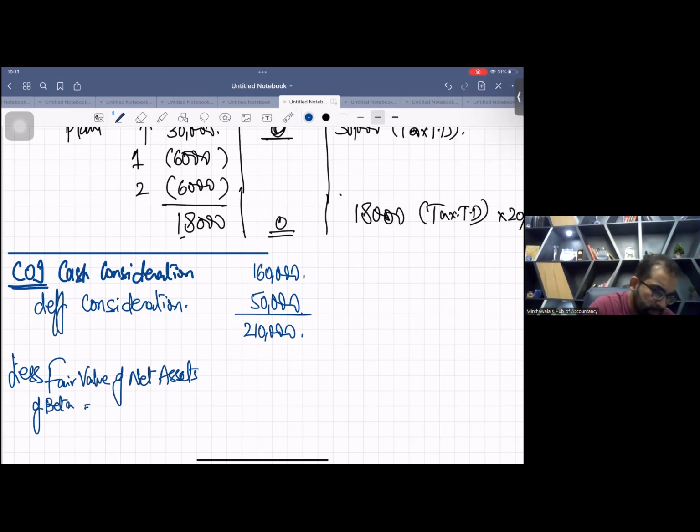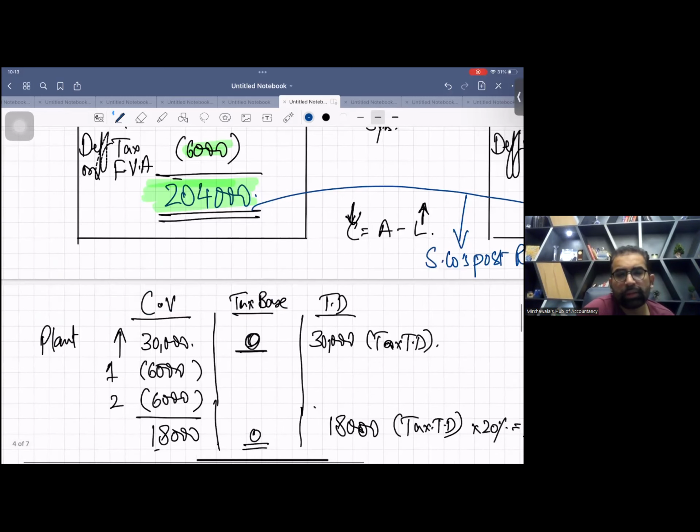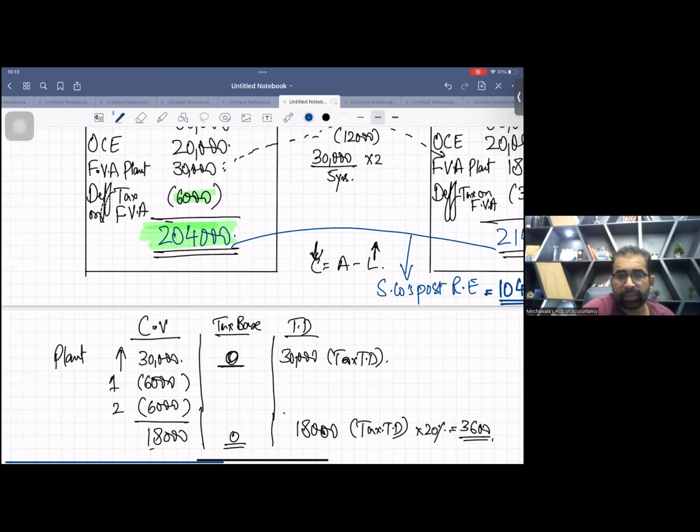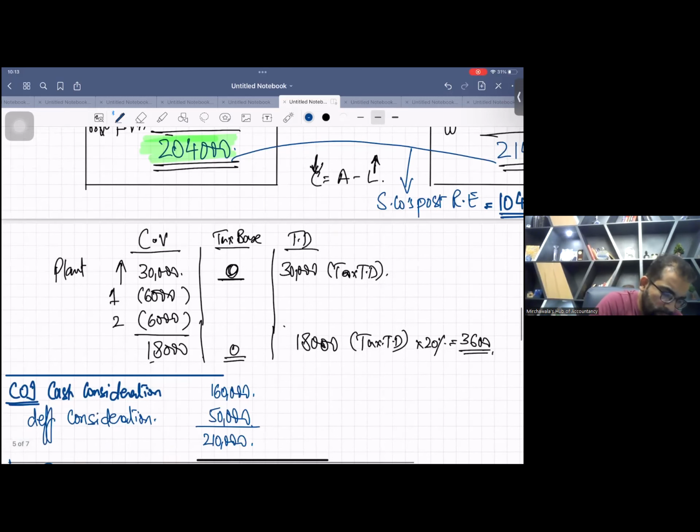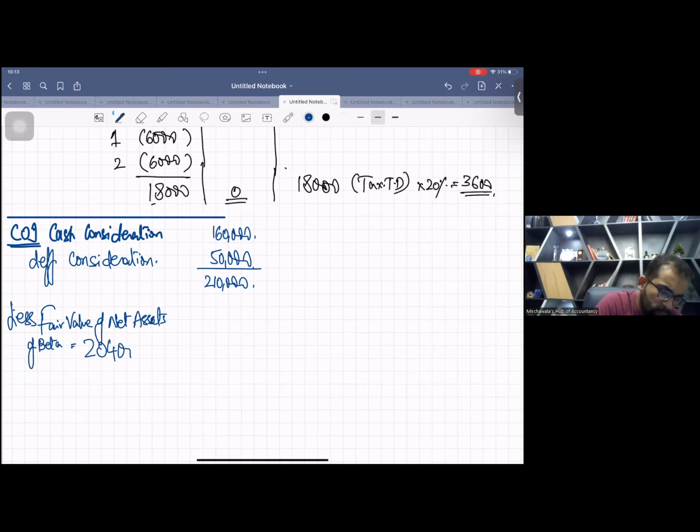Just pick the packet. The acquisition date packet is 204,000, so you will write 204,000. And yes, we have obtained 80% shares.